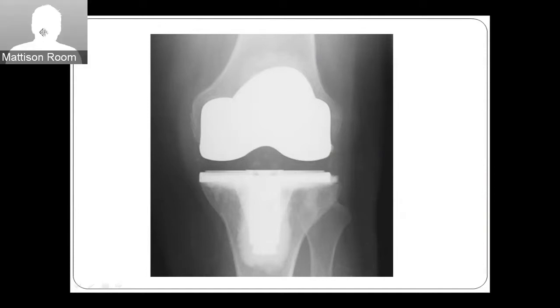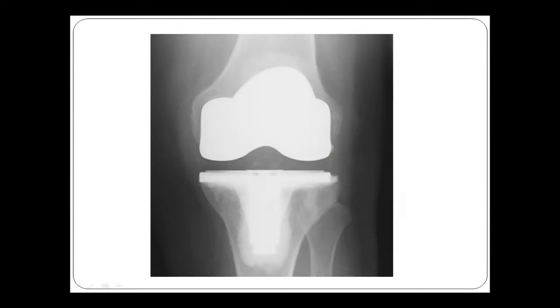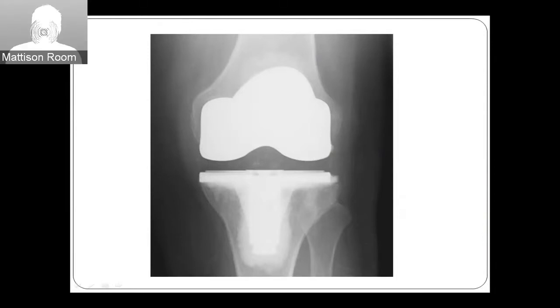So, in other words, you don't want a knee replacement and then someone be able to take your leg and just open it up like this. That would be an unstable knee. So there are things that different manufacturers of these components offer in order to try to make the surgeon's job easier or the outcomes better.